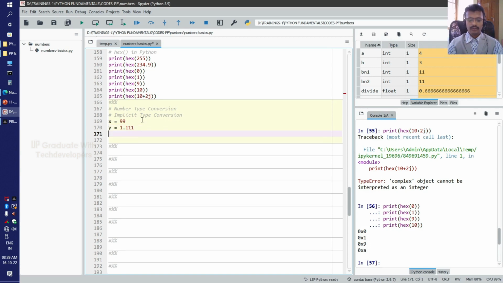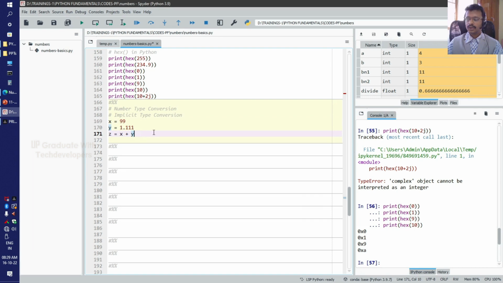Suppose I try to add these two numbers, x plus y. Look here, this 99 will be converted into a floating point value. That is the definition of implicit type conversion.